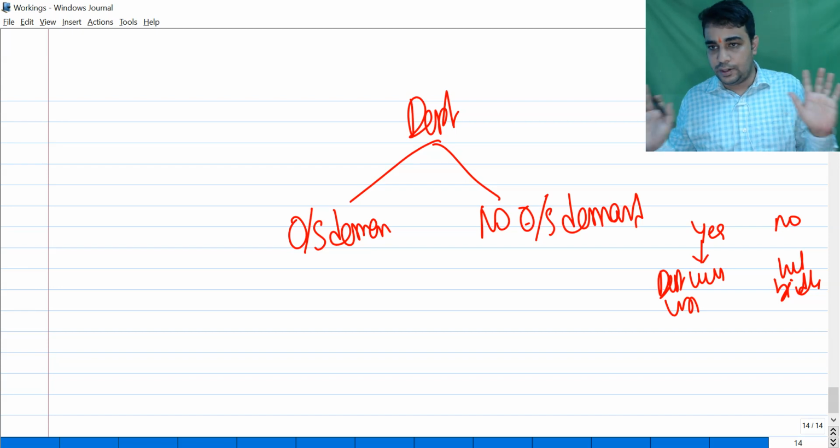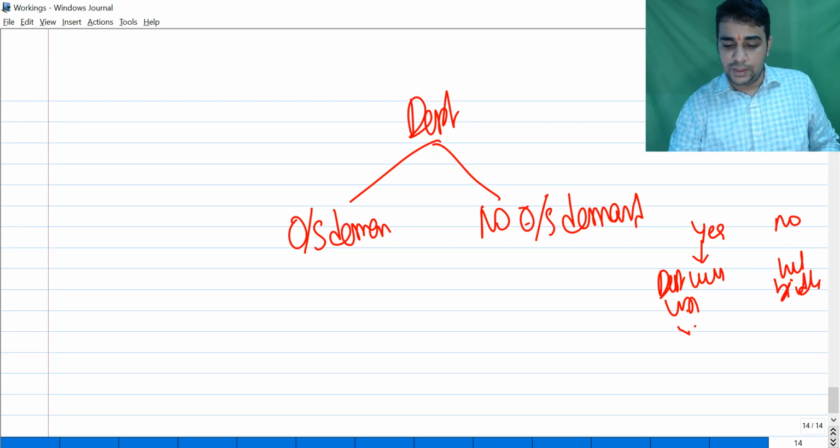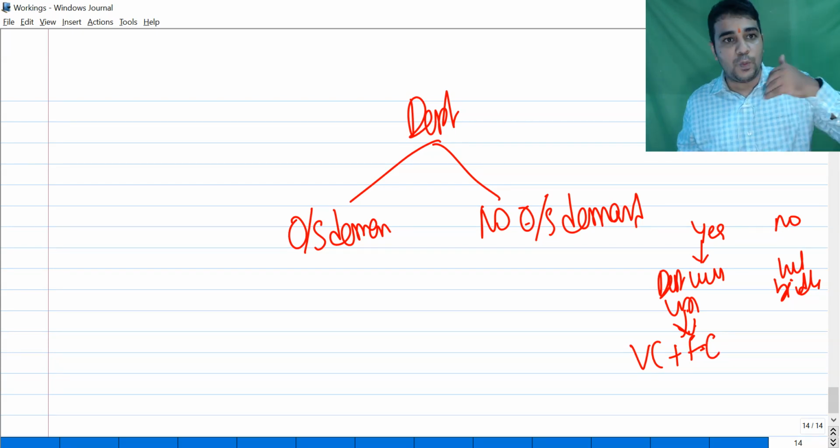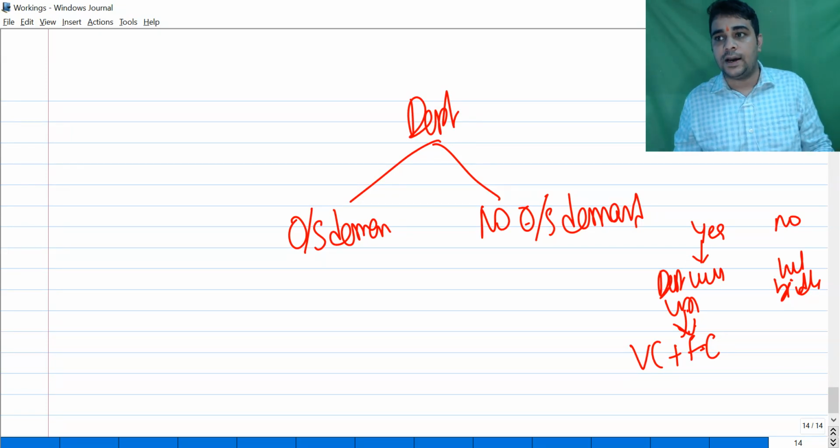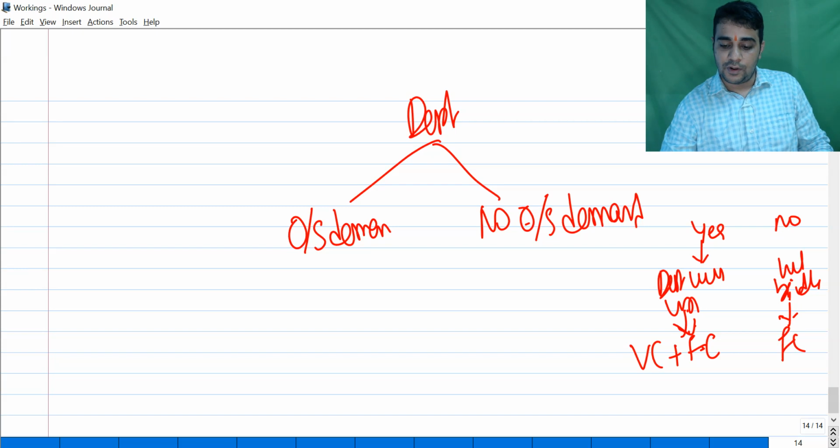It will do nothing. Here you will incur variable cost as well as fixed cost. When you are working, you will incur variable cost. Whether you are working or not working, fixed cost will continue to be incurred. This side you will incur only fixed cost. In short, fixed cost is irrelevant.